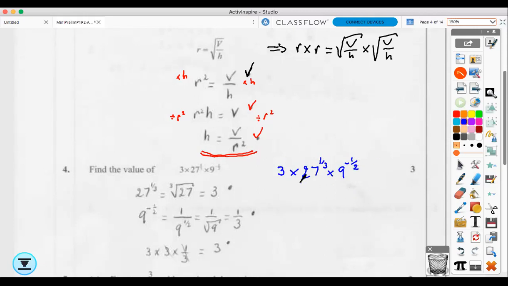So basically you had to evaluate first this number, because you know what 3 is, and to evaluate that number. So 27 to the power third is just cube root of 27. So that's something that you need to know.